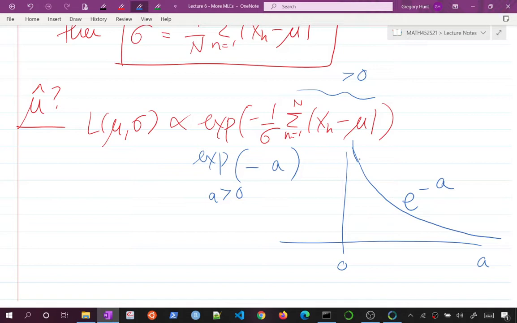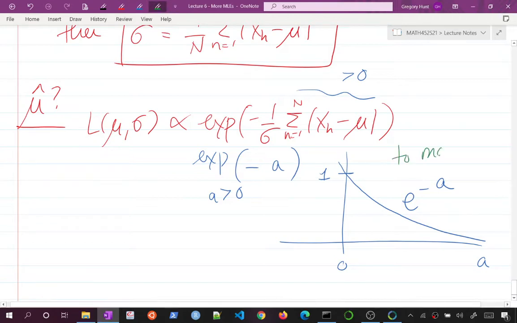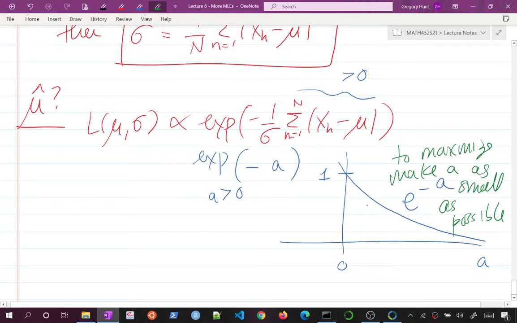It crosses at 1, right? Okay. So in order to maximize this, we'd make a as small as possible. If we wanted to maximize e to the negative a, we just choose a as small as possible.